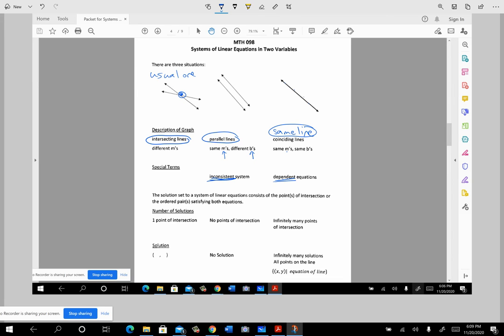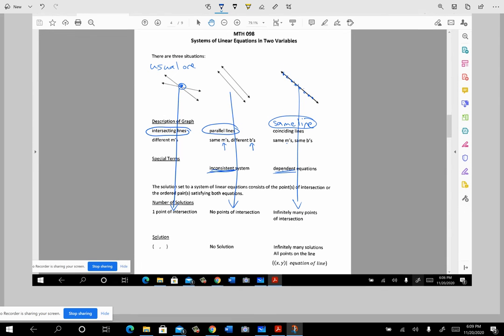It's an ordered pair that you could plug into both equations and it would work. Notice if the lines are intersecting, you're going to have exactly one point of intersection. If the lines are parallel, there are no points of intersection. They never intersect. And if they're coinciding, one line's on top of the other, there are infinitely many of them. Every single point on the line is common to the other line.